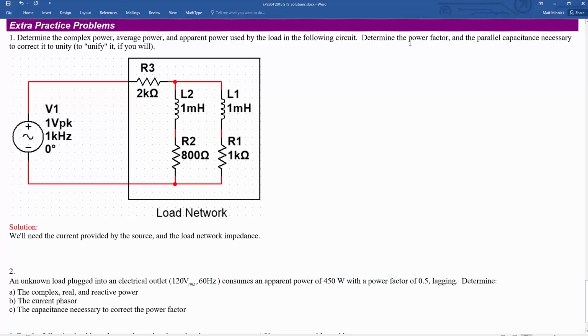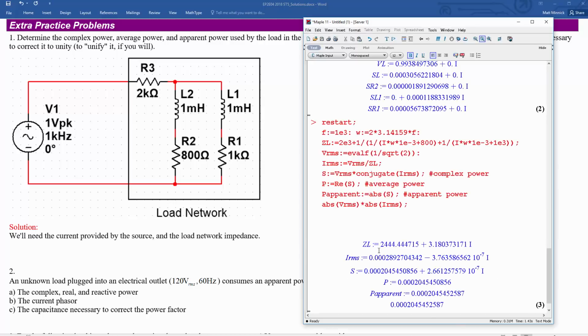So let's see, what's next? The power factor and parallel capacitance necessary to correct it to unity. For the power factor, we can compare the real power to the complex power.